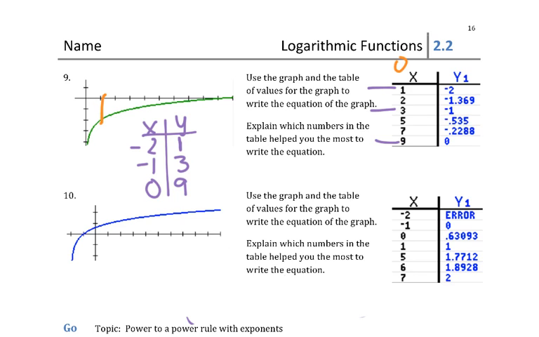So we'd have something to the -2 minus 2 would equal 1. Something to the -1 minus 2 would equal 3. Something to the 0 minus 2 would equal 9.